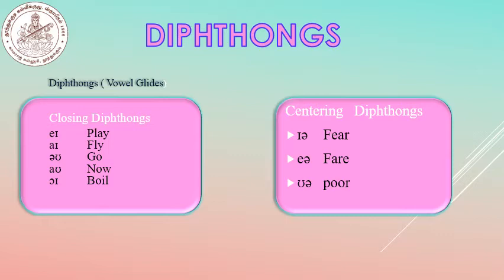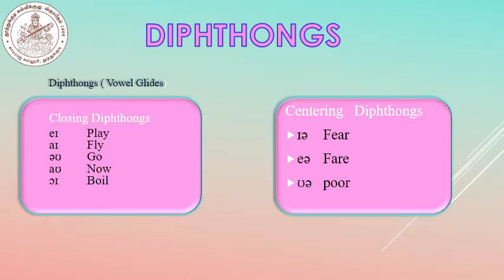So when the diphthong begins, it can begin in any position, that is open, half open or half close, but while ending or while gliding, it glides towards the close position. That is why it is called closing diphthongs.